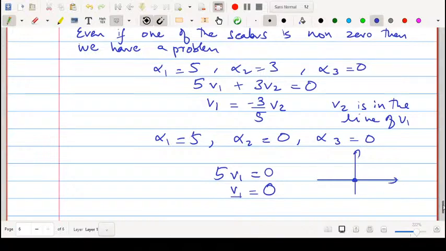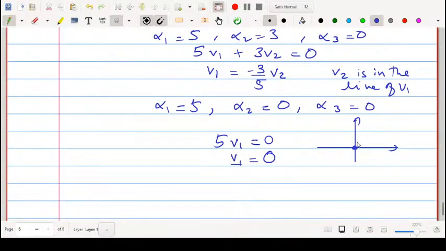And the 0 vector in a list is dependent, because the 0 vector is in the line of, say, v1 and v2. Let's say this was v2, then the line cut by v2 includes the 0 vector.